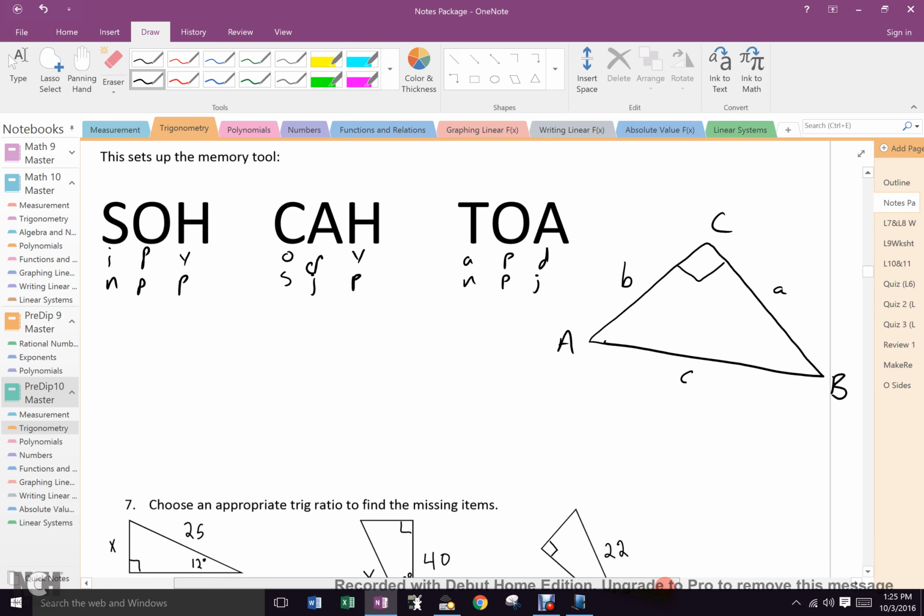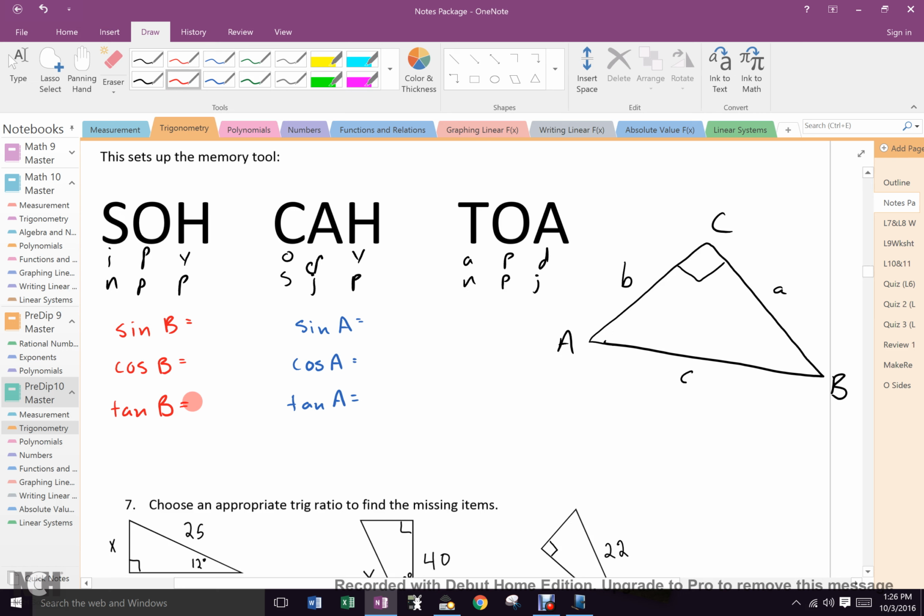I wish for you to tell me the sine of B, the cos of B, and the tan of B. Then I wish for you to tell me the sine of A, the cos of A, and the tan of A. Notice there are no numbers here because it is not a number that matters.